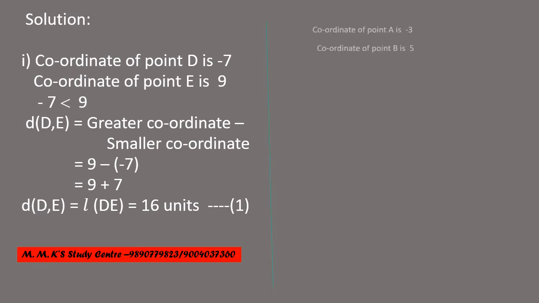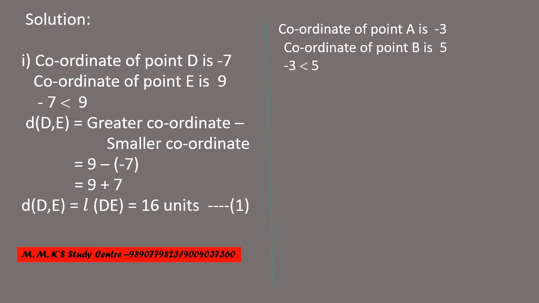Now we will continue with the second AB part. So the coordinate of point A is minus 3 and coordinate of point B is 5. So again here 5 is greater than minus 3. The same formula we are going to use. Distance between AB is equal to greater coordinate minus smaller coordinate.